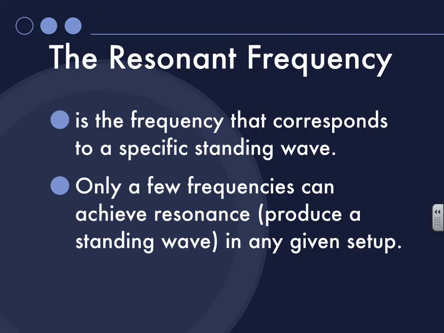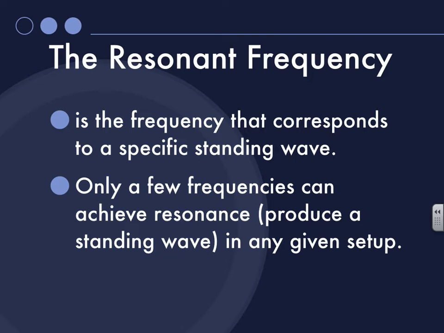The resonant frequency is the frequency that corresponds to a specific standing wave. And there's only a few frequencies that can achieve resonance or produce a standing wave in any given setup. This will all make more sense as we go along. There's a frequency that goes with each wave, because frequency equals speed over wavelength, V equals f lambda.